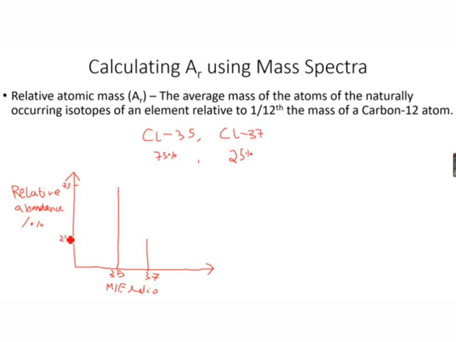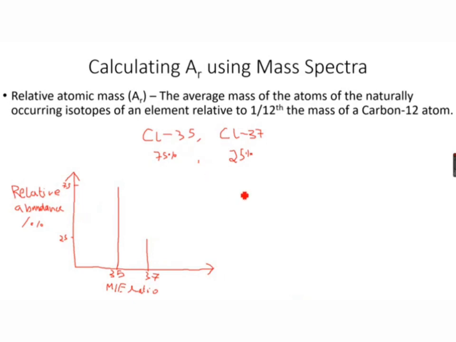So we have the isotopic masses of the isotopes of chlorine, and we have the relative abundances of the isotopes of chlorine.